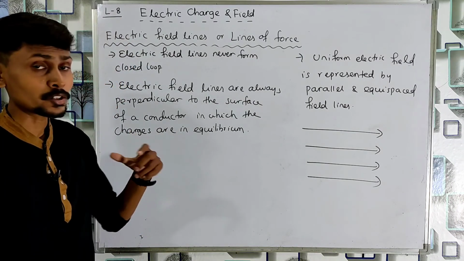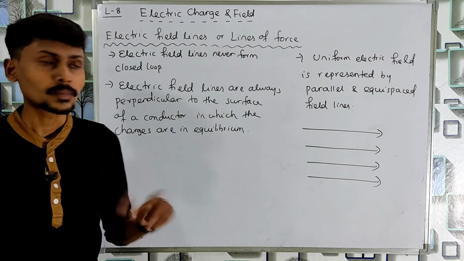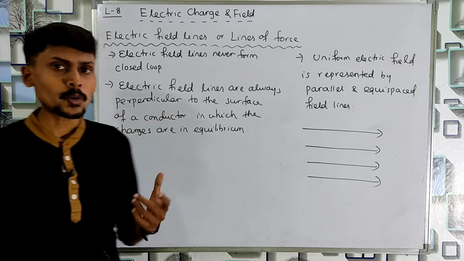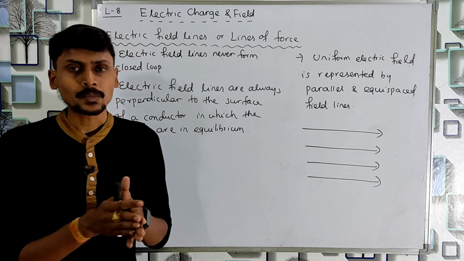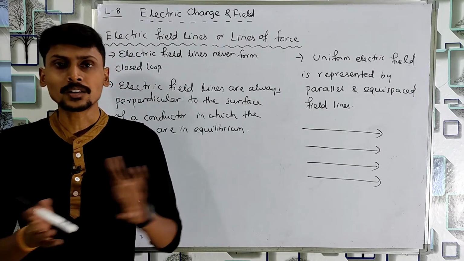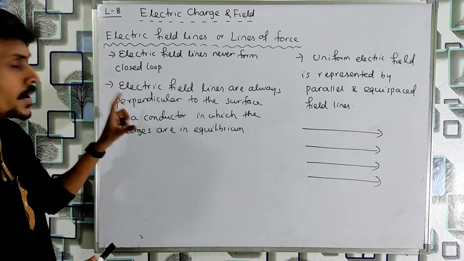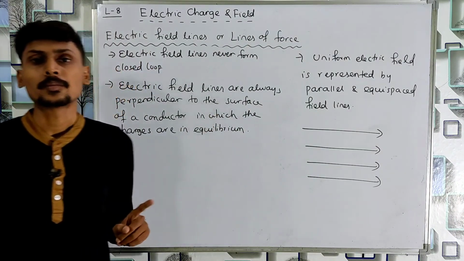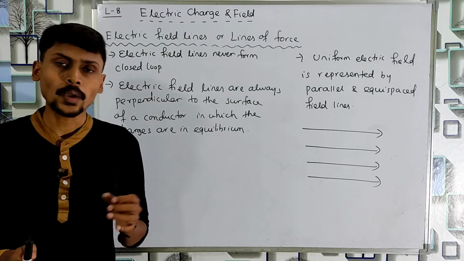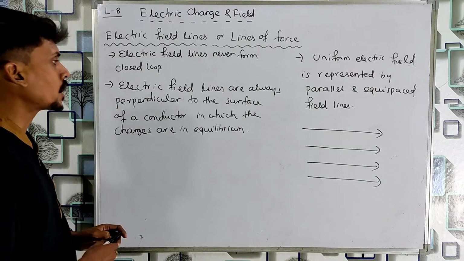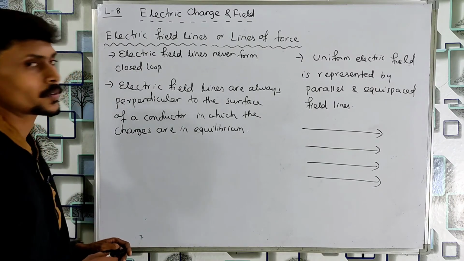If current flows through the conductor, this point is not valid, because then the electrons experience some force and flow from one end to the other. This point is valid only when the charges are in equilibrium, meaning there is no current flowing through the conductor.